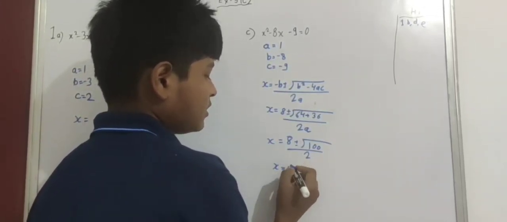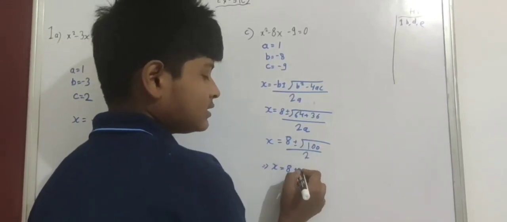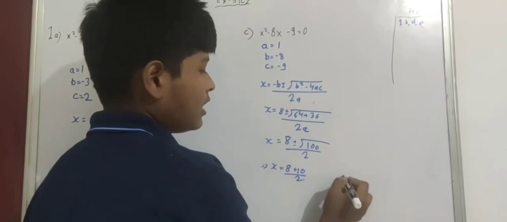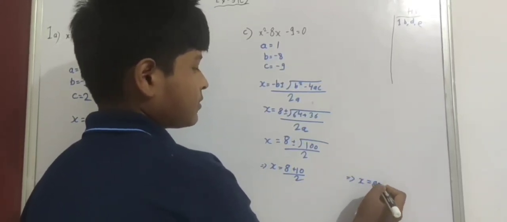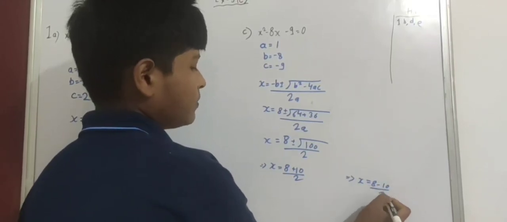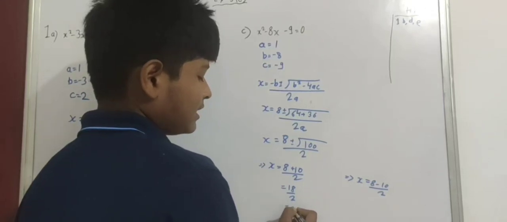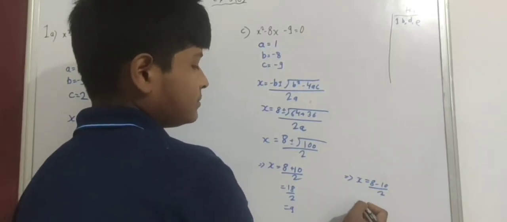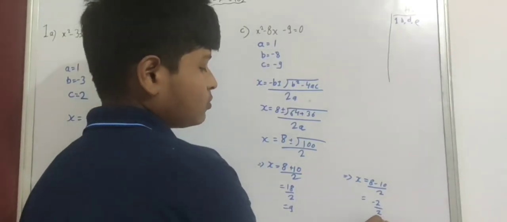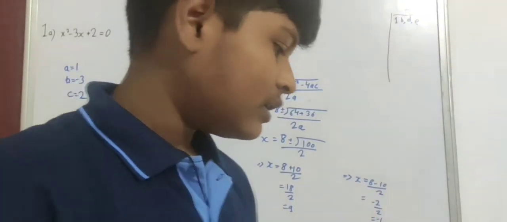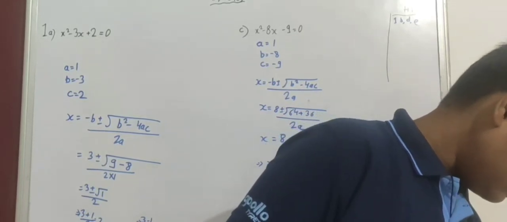So now we will write 8 plus under root 100, that is 10 divided by 2, and other side we have 8 minus 10 divided by 2. Here we will get 18 by 2 is equals to 9, and that we will get minus 2 by 2, that is minus 1. So you can go with option number part 2, that is 9 or minus 1.